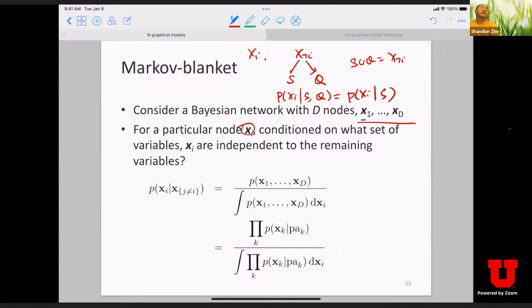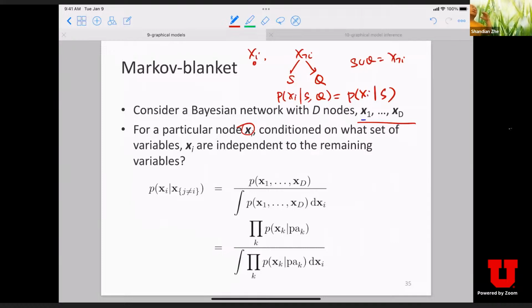This is the definition. If you want to look at a particular variable, node xi, we want to know conditional on what set of random variables S, xi is independent of all the remaining nodes Q. So S is called a Markov blanket.